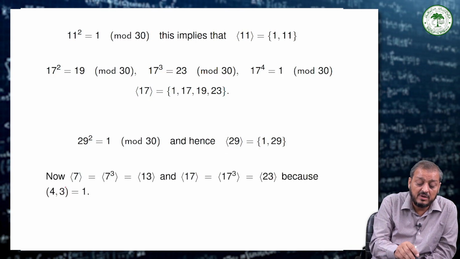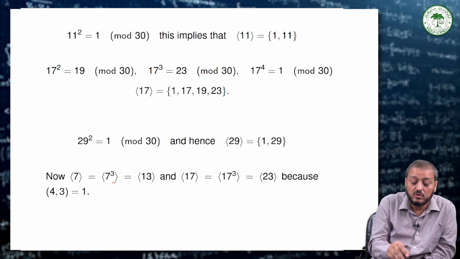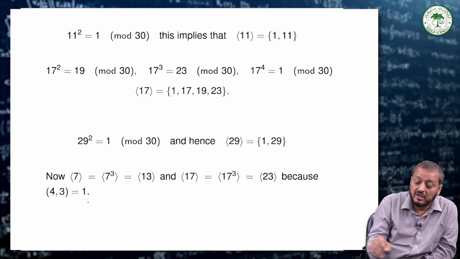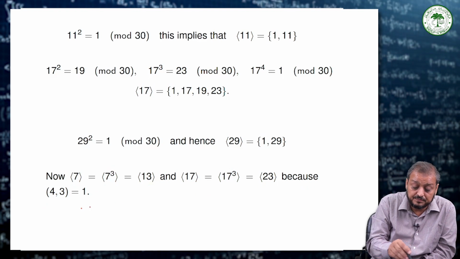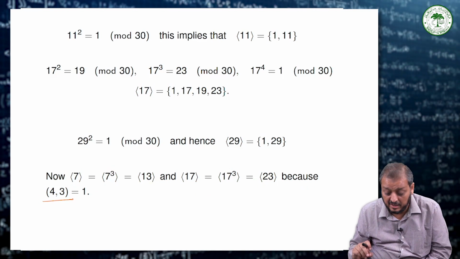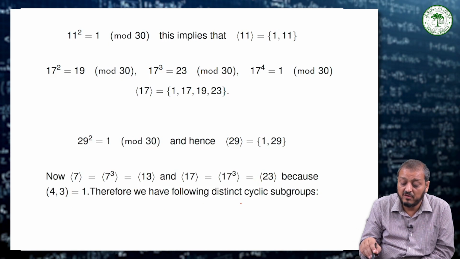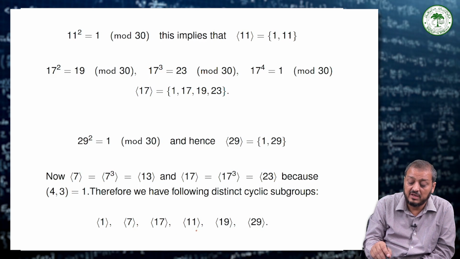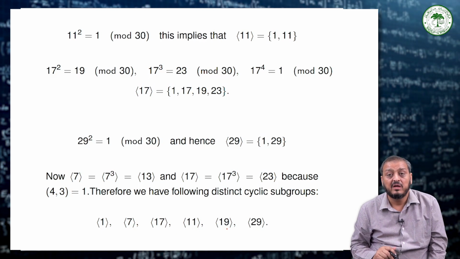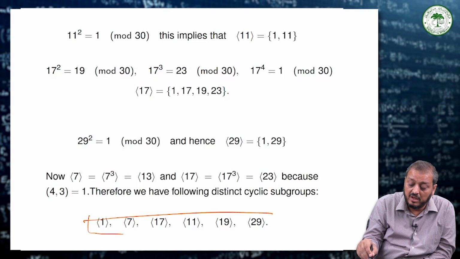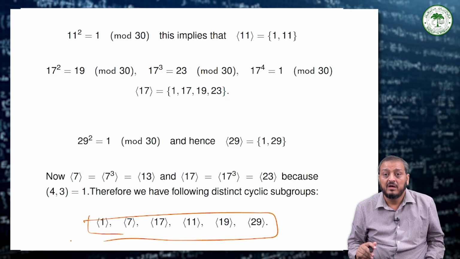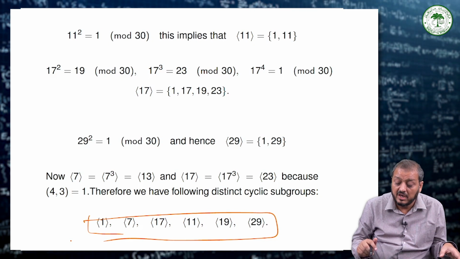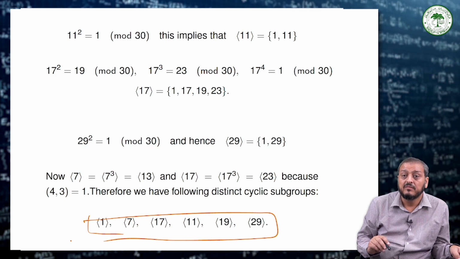Since 7 cubed is 13 and 17 cubed is 23, and 4 and 3 are relatively prime, we have the following distinct subgroups generated by 1, 7, 17, 11, 19 and 29. These are the only distinct subgroups in this case.